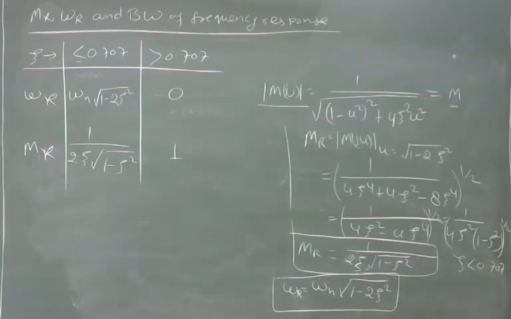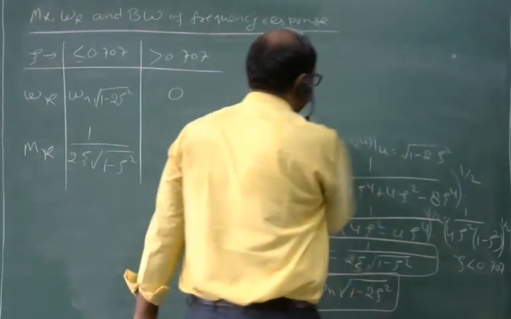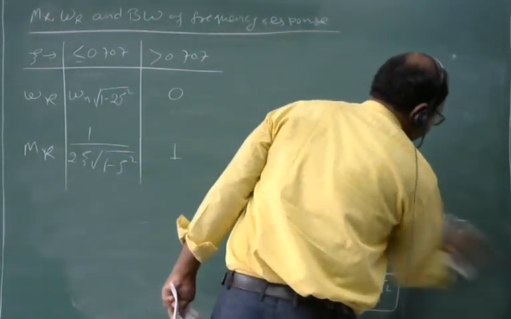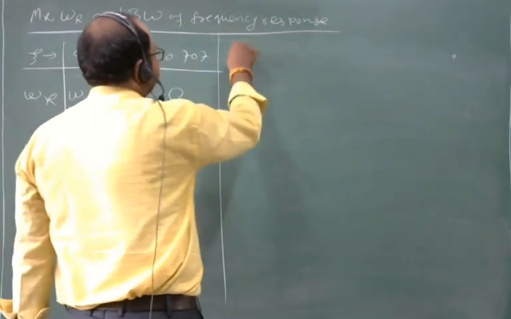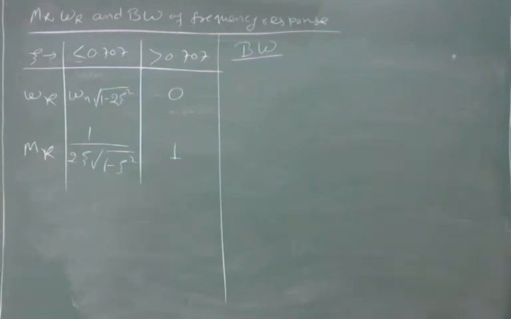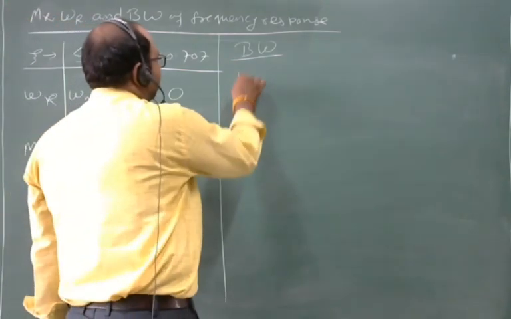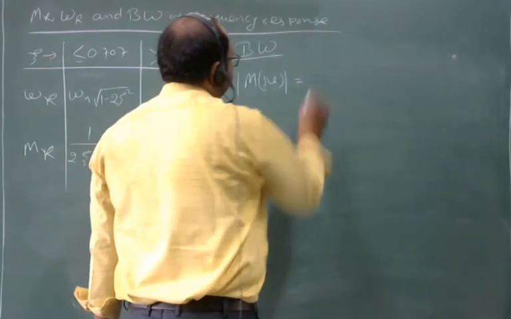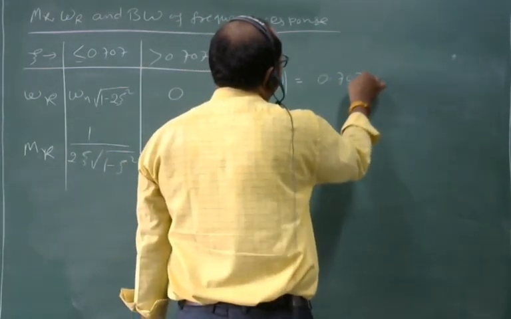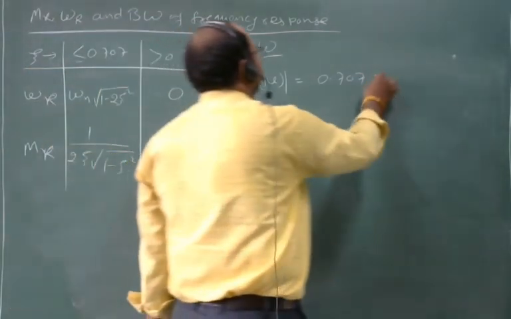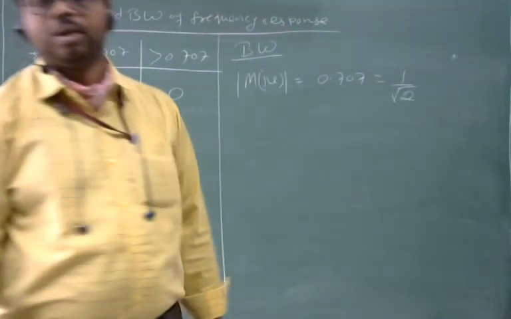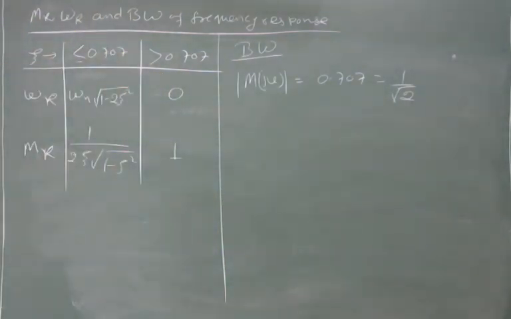Now, next is bandwidth. As per the definition of the bandwidth, the magnitude of mju should be equal to 0.707, or 1 by under root 2, right?